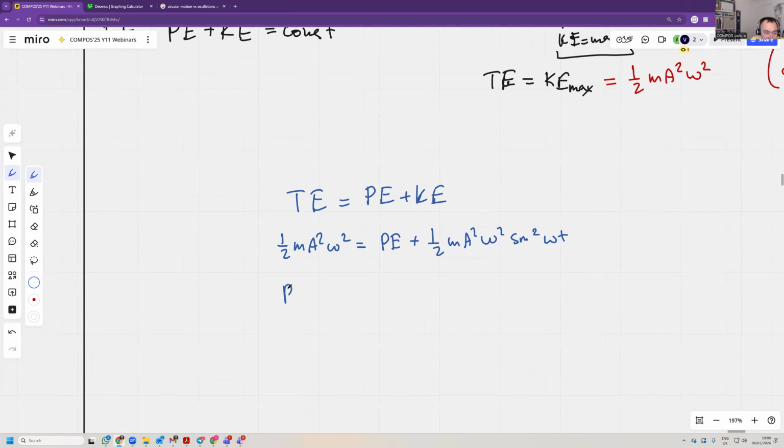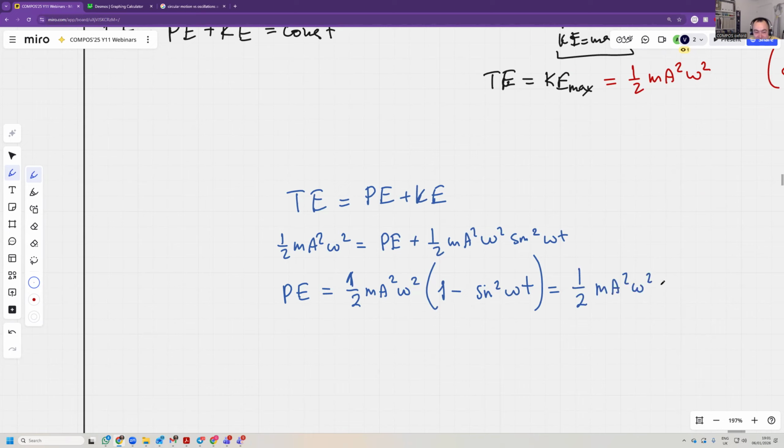And now making potential energy the subject and taking everything out, 1/2 m a squared omega squared, open bracket, 1 minus sine squared omega t. And 1 minus sine squared omega t is obviously cosine squared omega t. So it's 1/2 m a squared omega squared cosine squared omega t.